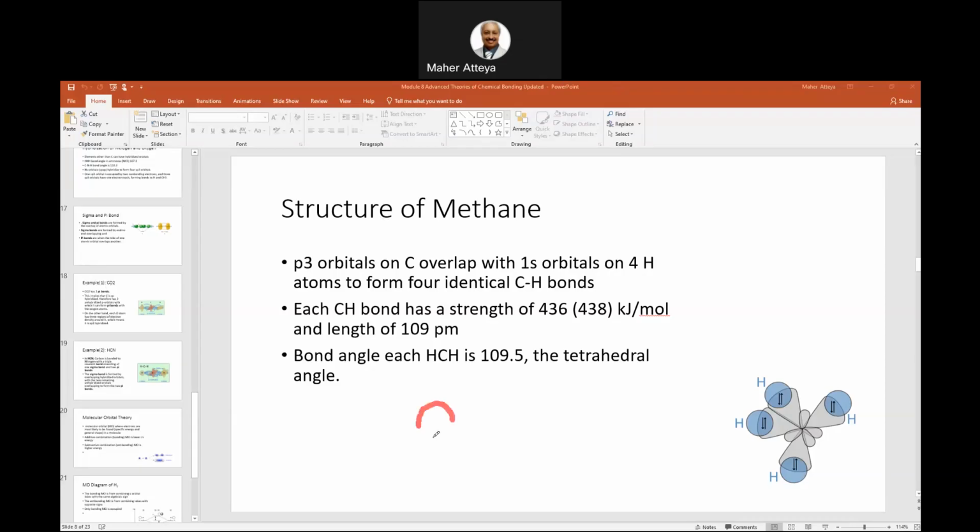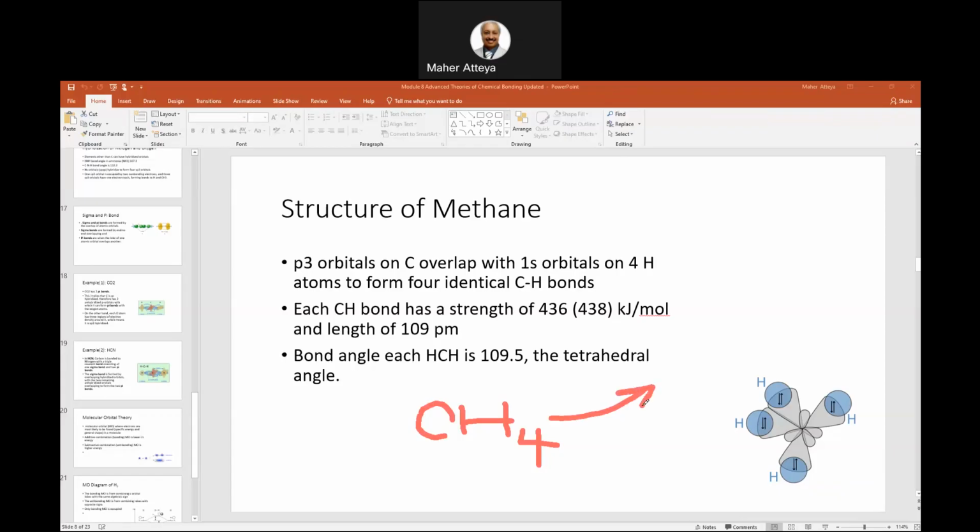Methane is CH4. So if you are asked what is the hybridization of methane between carbon and hydrogen, somebody tell me, what's the shape of this?